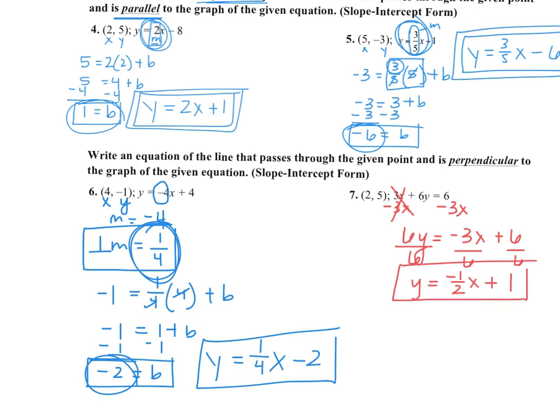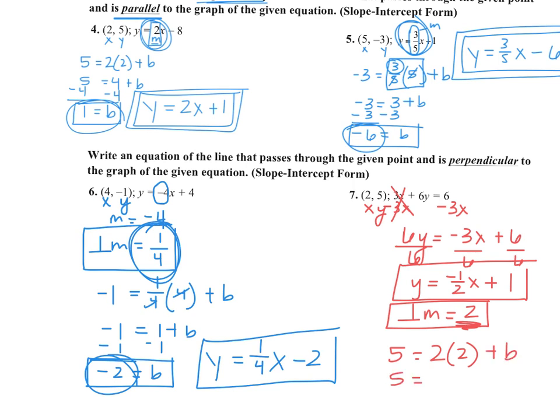So here's my equation. I want to be perpendicular to that. So perpendicular to that, if I have a -1/2, my opposite reciprocal, my perpendicular slope, is going to be a +2. So here's my slope, here's my x and my y up top, the 2 and the 5, and I'm going to say y equals m times x plus b.